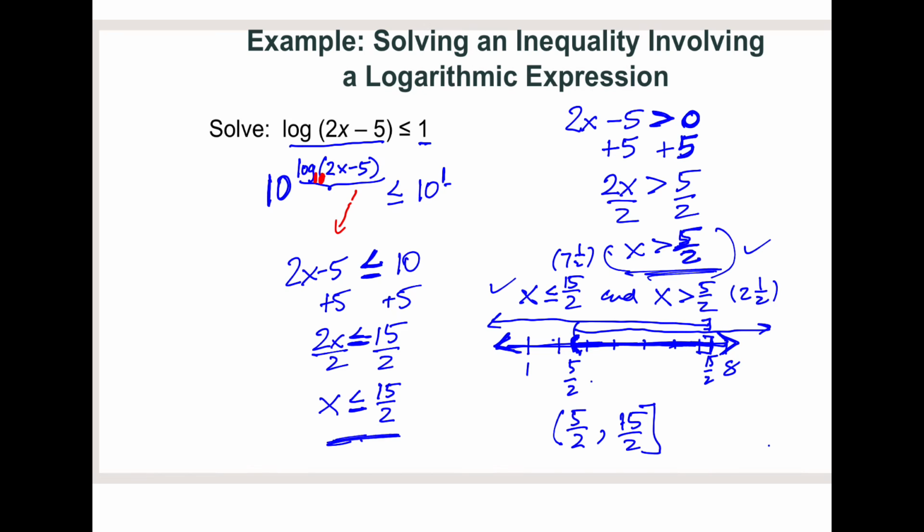So with the log inequalities, we have to take a couple of things into consideration. We have to figure out what log values are not allowed, so we need to figure out the domain, in other words. And then we also have to solve, and then we take the intersection of those numbers for our solution set.